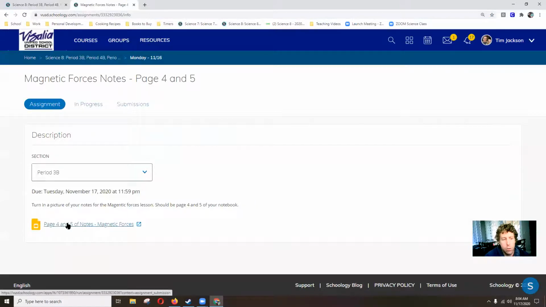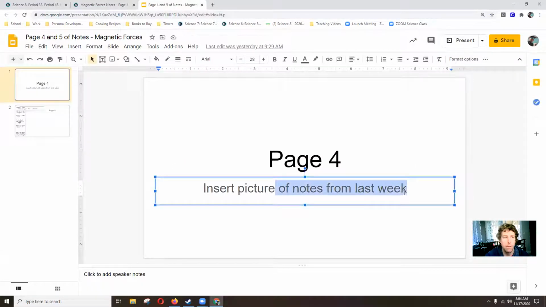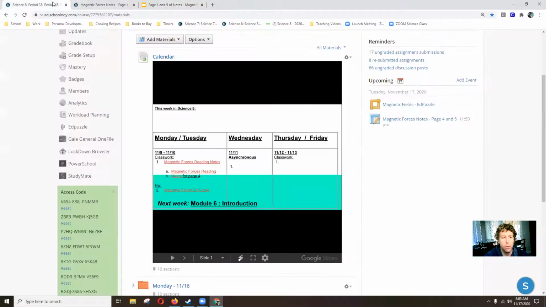You're going to open up this Google Doc and take a picture of page 4 and now page 5 of your notes. Page 4 we did last week and page 5 you just did today. So insert a picture of your notes from last week on this slide. And on page 5, insert your notes for page 5. These were the questions that I gave you today. Okay. When you are all done with your notes, you have this magnetic fields Edpuzzle to do as your homework.